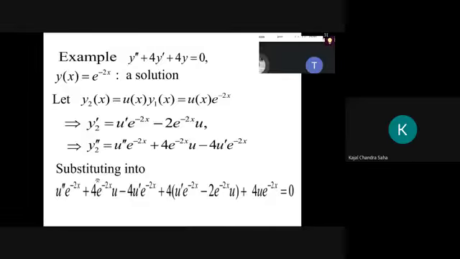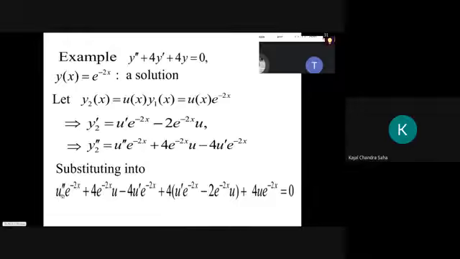Now we have to substitute these values into the given differential equation y double prime plus 4y prime plus 4y equal to 0. We put y2 double prime plus 4y2 prime plus 4y2 equal to 0.